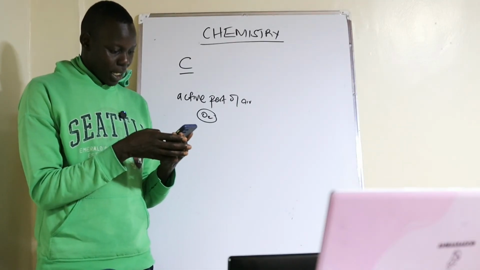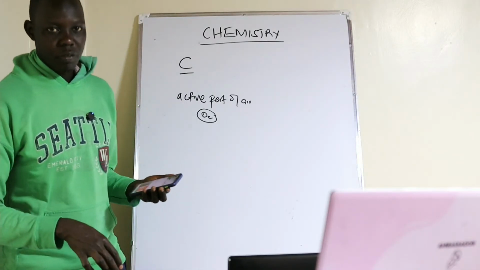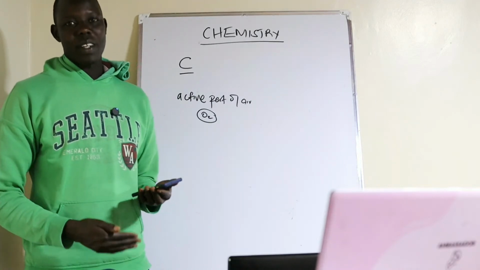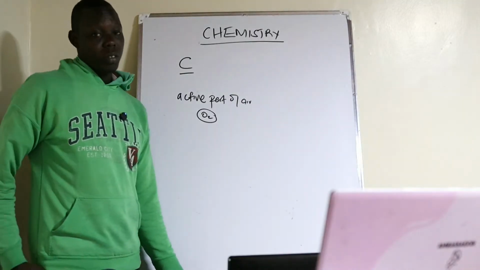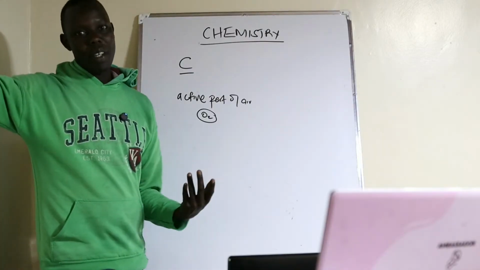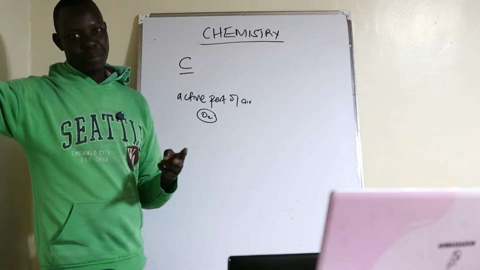So let's look now at the chemical properties of carbon. Number one, combustion, burning of carbon in air. This is simply reacting carbon with oxygen. That is the property number one. It burns in air to give carbon dioxide.